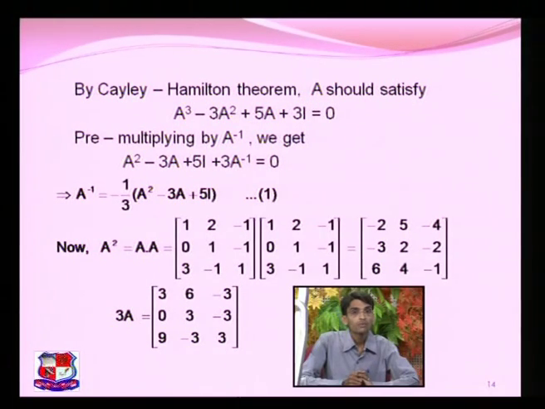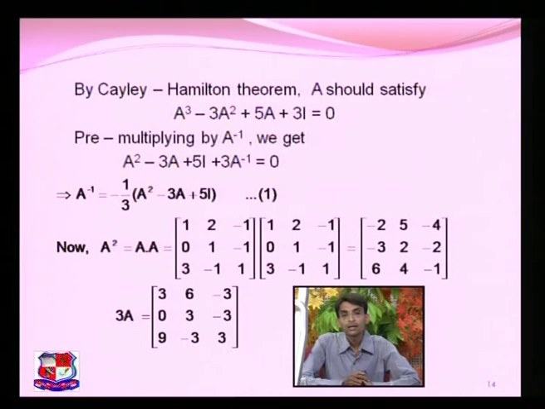So by multiplying this one we will get A square equal to [-2 5 -4; -3 2 -2; 6 4 -1], and 3A is equal to [3 6 -3; 0 3 -3; 0 -3 3], right? So now we have all the required values to find A inverse.